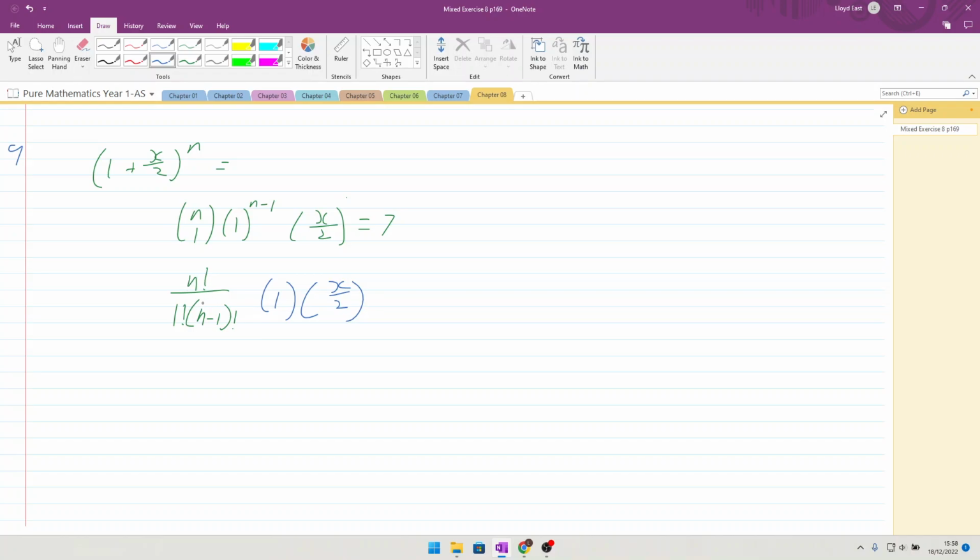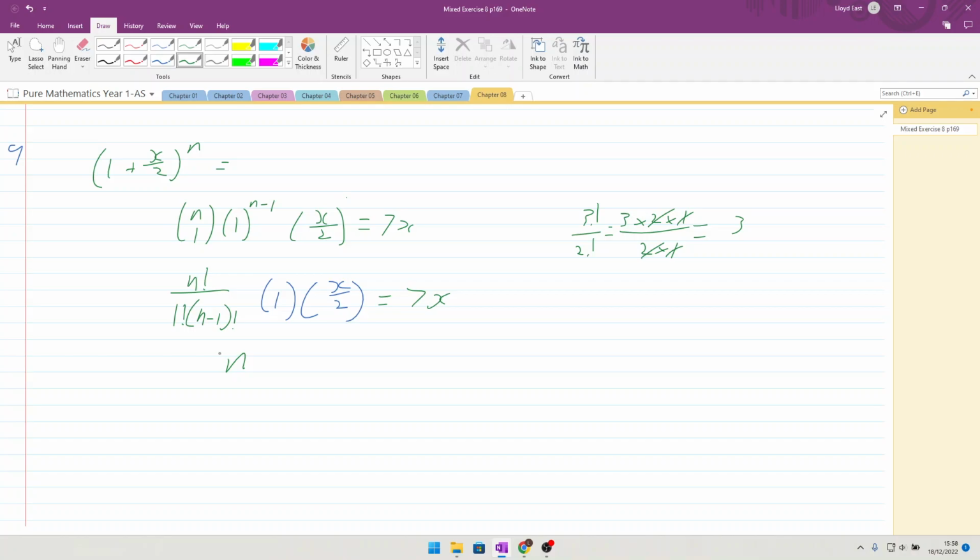If you consider something like 3 factorial, you've got 3 times 2 times 1, and if you divide that by 2 factorial, i.e. 1 less, you divide by 2 times 1. That gives you 3, because they cancel down, which means we've got n times 1 times x over 2 equals 7x.